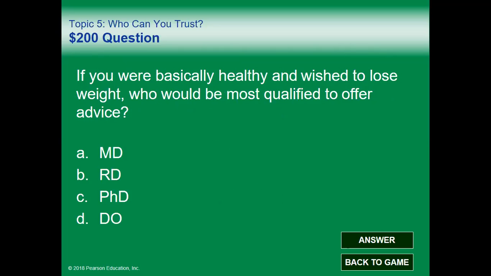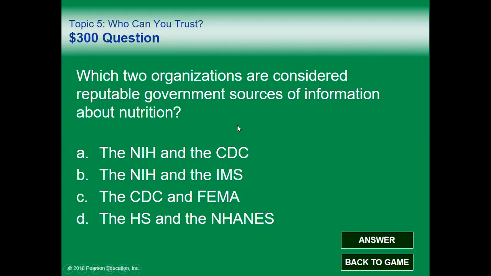If you were basically healthy and wished to lose weight, who would be the most qualified to offer advice? RD. Okay. B. Which two organizations are considered reputable government sources of information about nutrition?